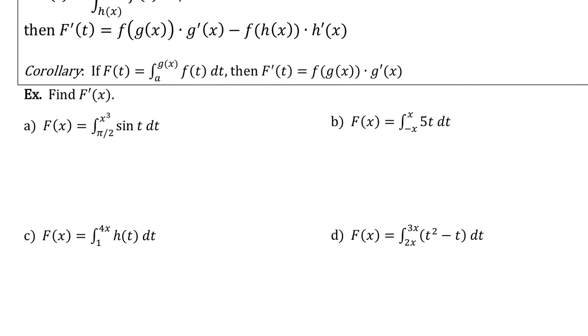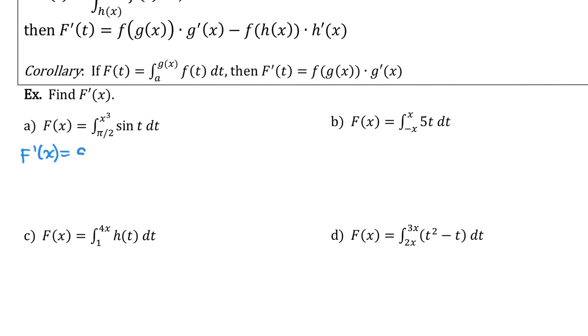Okay, so I'm going to find capital F prime of x. They give me f of x. So I want F prime of x, which means I'm taking the derivative of the integral, which means they should kind of cancel out, but then because this has an x in it, it doesn't exactly cancel out.